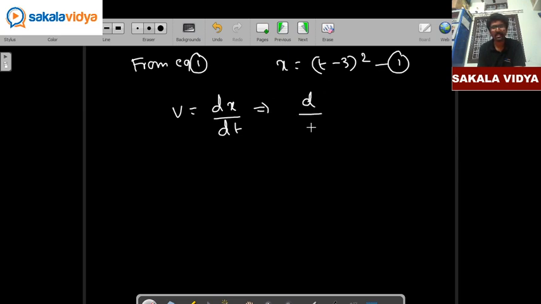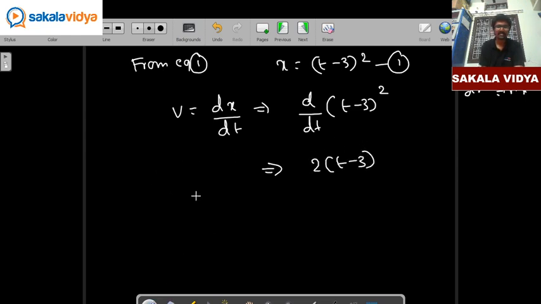So d by dt of t minus 3 whole square. It is in the form of differentiation of x to the power of n, which is n into x to the power of n minus 1. So differentiation of this becomes 2 into t minus 3. So velocity is how much? V is equal to 2 into t minus 3.